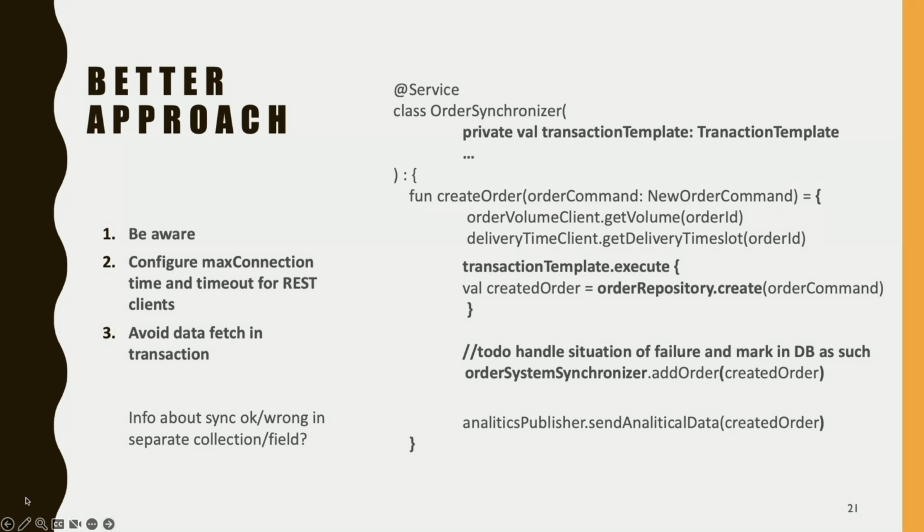And then, of course, we need to be more aware, more focused on what we are doing. It's also good to configure this REST client to have some limitation, not hang for 10 seconds, but maybe time out after 3 seconds, and also handle the worst case scenario. Maybe we have to set the order to retry, or maybe we have to delete the order, or actually we should flip those operations.